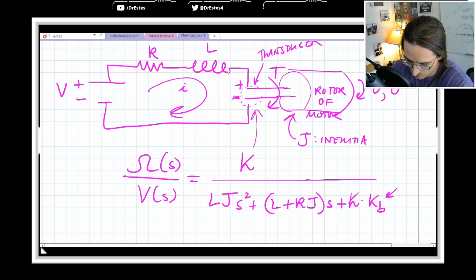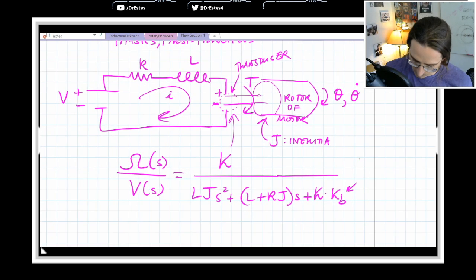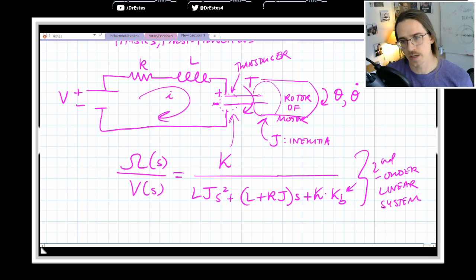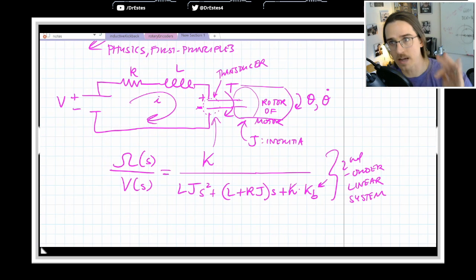This is just another constant for the motor. But you get a second order linear system. And a transfer function is a differential equation just in a different form. You can convert back and forth. And this is a totally valid way, of course, to model a motor.